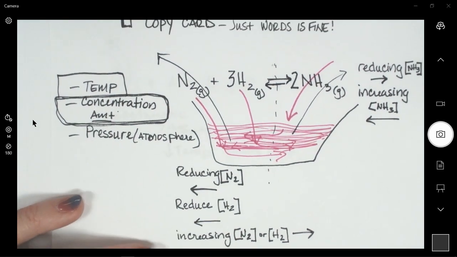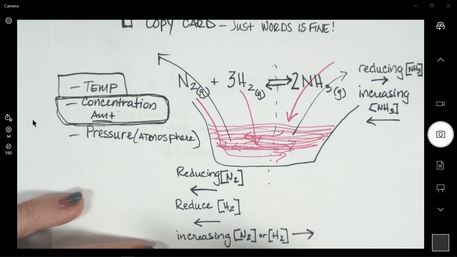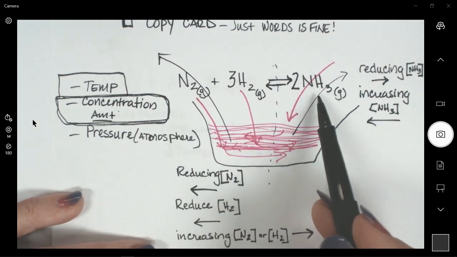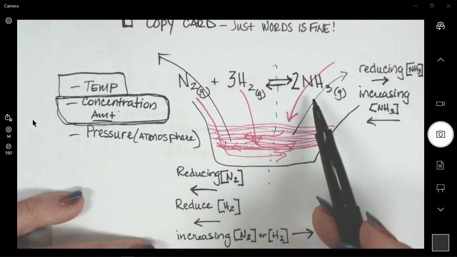You don't know what temperature is going to do unless you're given the information whether the reaction is endothermic or exothermic. If you're not given that information, you can't answer that question. You're not expected to know from here whether it's endothermic or exothermic.